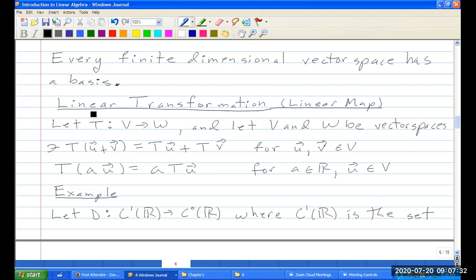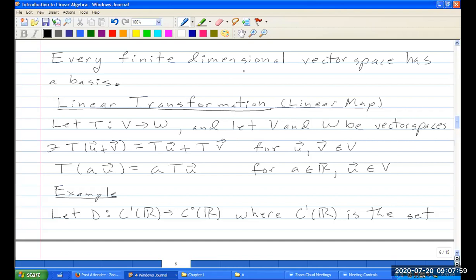So let T map the vector space V into the vector space W, where V and W are vector spaces, such that the following holds: T of U plus V is TU plus TV.